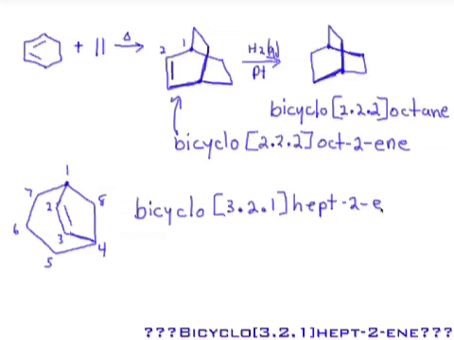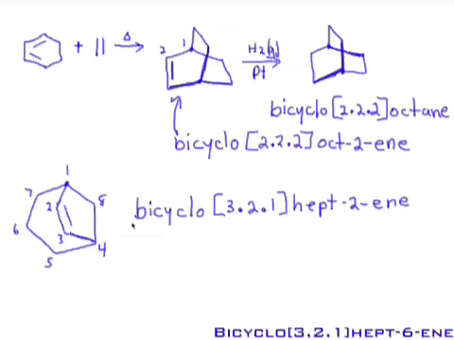How's that look? What's wrong with that name? What's wrong is you numbered through a smaller chain. You have to, absolutely have to, number around the longest chain first. 1, 2, 3, 4, 5, then 6, 7, 8.